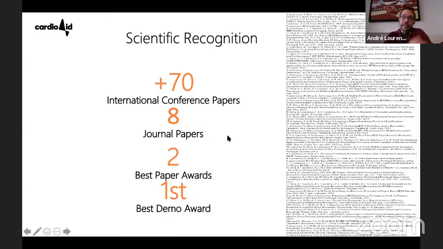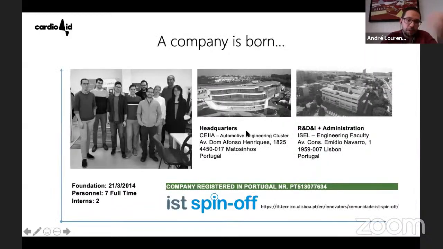As a typical spin-off, we had several papers and a lot of scientific recognition before creating the company, and so the company was born in 2014. Now we are 7 with several interns. Our main place is at CEIA. We have our R&D office at ISEL in Lisbon.